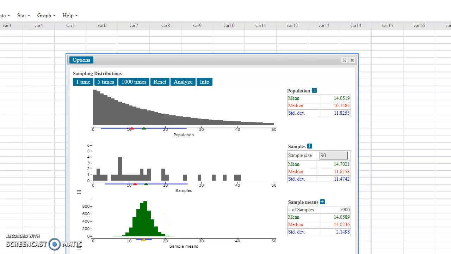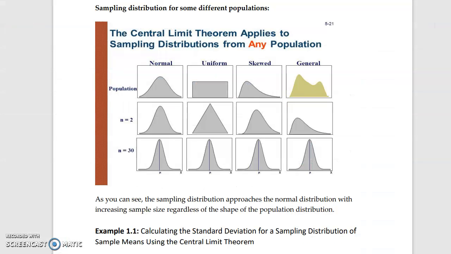Okay, so now we have verified the central limit theorem for three cases: the normal distribution, the uniform distribution, and the skewed distribution. But the central limit theorem is valid even when you have some general distribution like this green one on the upper right.